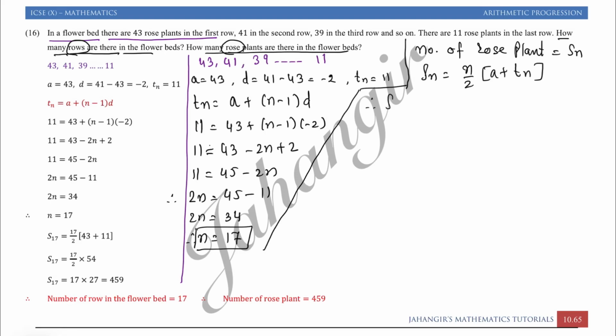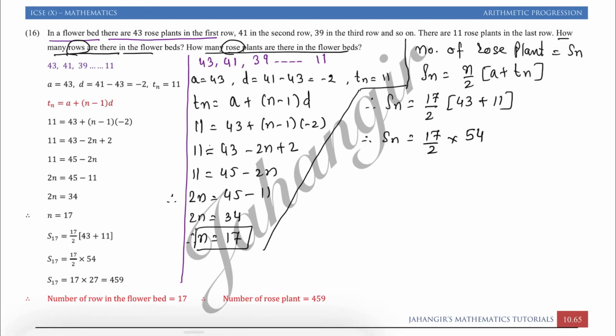Therefore Sn is equal to, n is 17, 17 upon 2, a is the first term, that is 43, plus Tn, the last term, that is 11. Because there are 17 rows, we have to find how many rose plants are in 17 rows. So Sn is equal to 17 by 2 into 43 plus 11, which is 54.